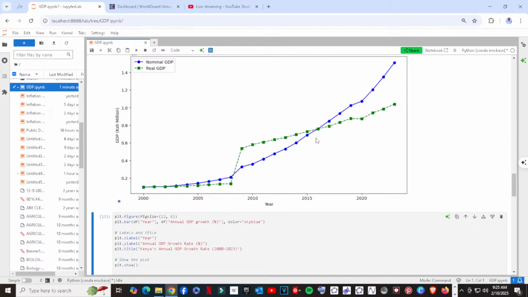So if real GDP is higher than nominal GDP, it suggests that the economy is experiencing deflation. Deflation is a general decline in price levels, and this situation has several economic effects on the economy. So we see that was the case.